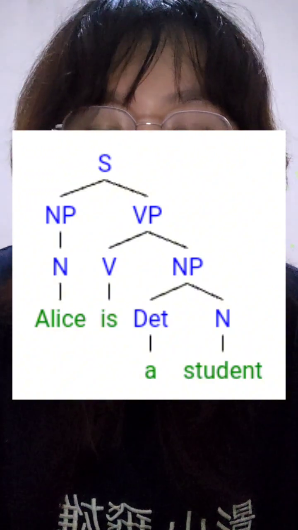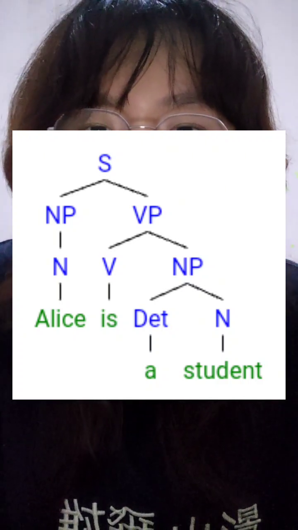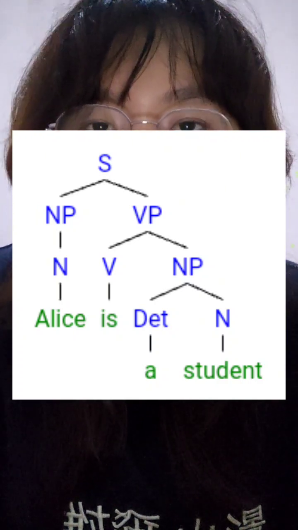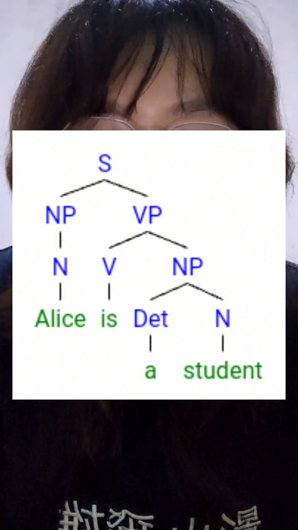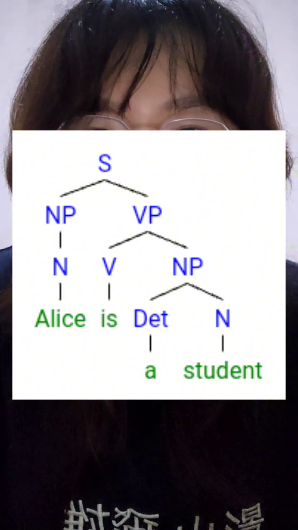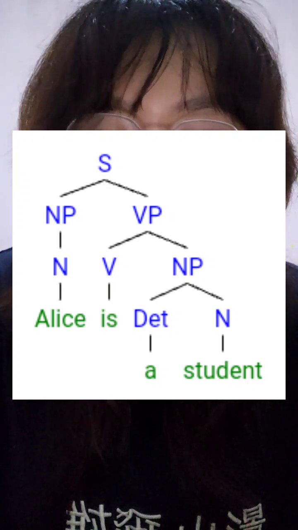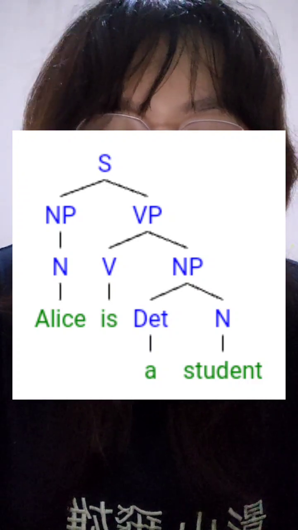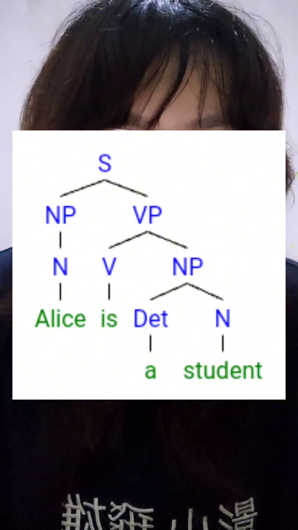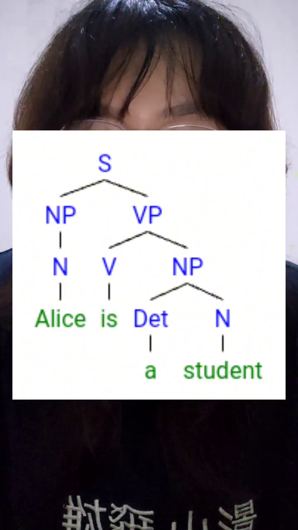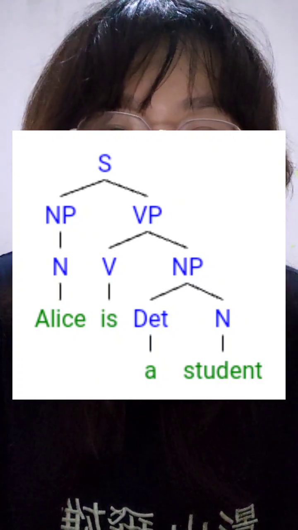Is here is not an auxiliary verb because this sentence doesn't have a main verb. So automatically, is here becomes the verb, and then NP, a student, is a noun phrase, right? Now the noun phrase here is divided again into two parts, the determiner and the noun student.